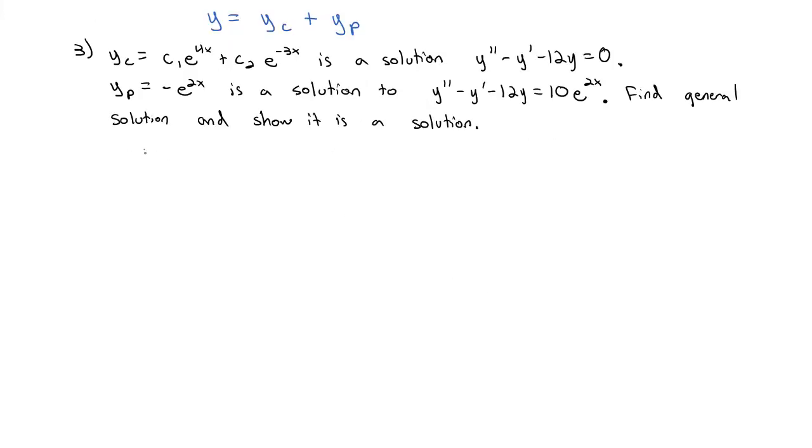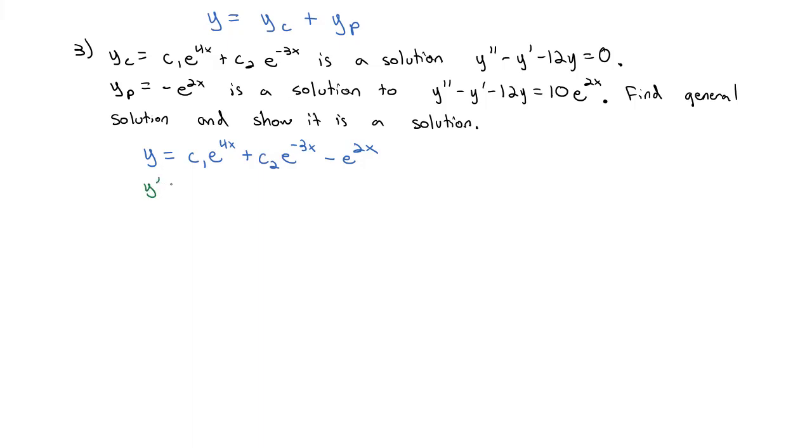Well, we know that y is equal to y complement, which is c1 e to the 4x plus c2 e to the negative 3x, plus the particular solution. The particular solution given to us was negative e to the 2x. And so this must be our general solution. And we can show it's a solution in much the same way we showed in part A the homogeneous solution worked.